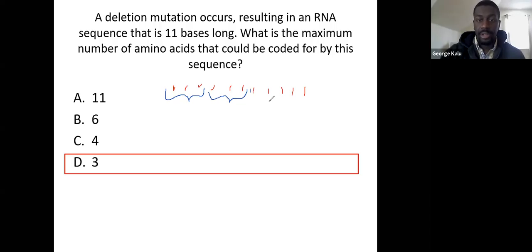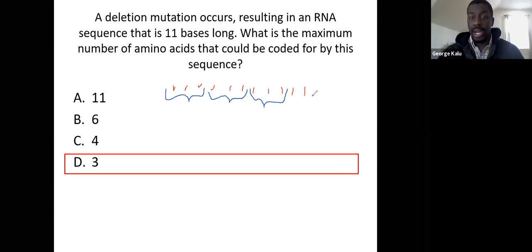Here's a third codon, another group of 3. And then we have just 2 left over. Because we have 2, we don't have another codon. And so the maximum number that we can come up with is 3 amino acids here. Perfect. Good job.